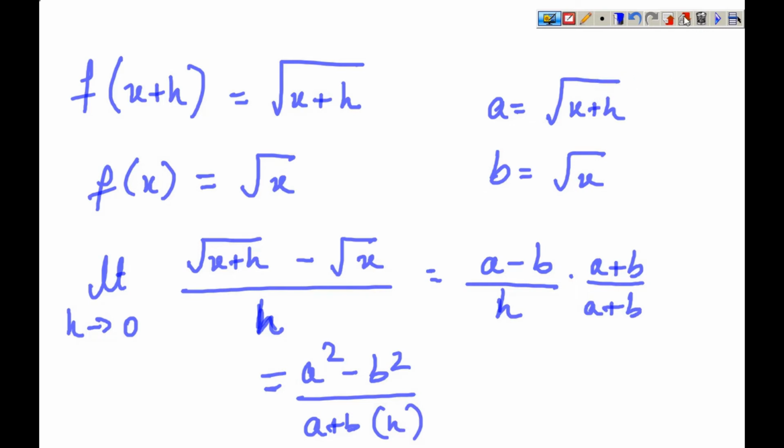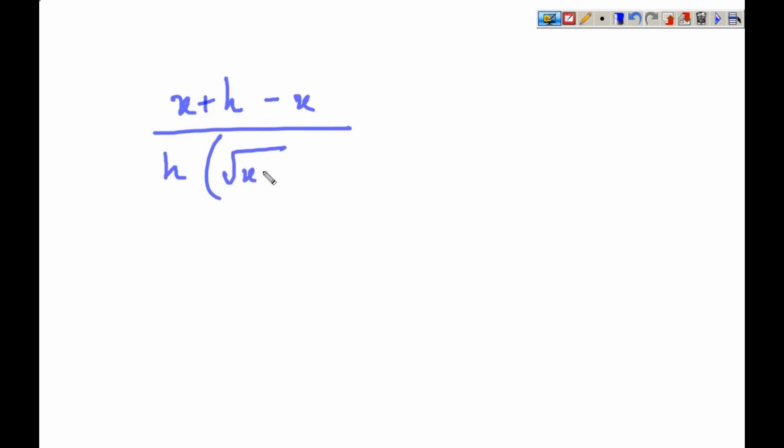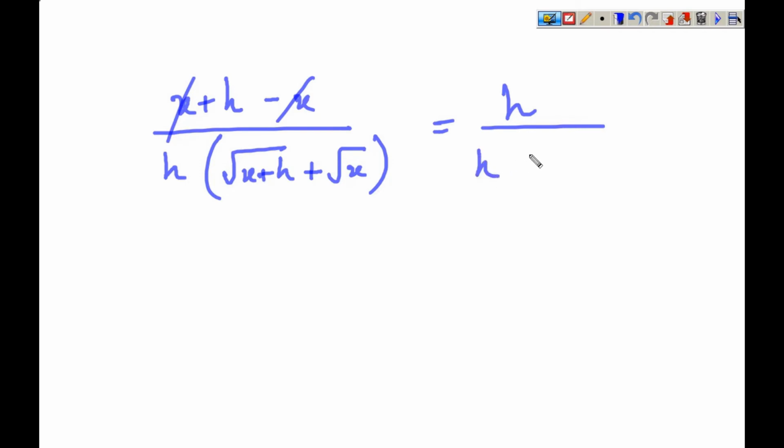A square minus b square will give me x plus h minus x by h times under root of x plus h plus under root x. This can cancel out, so we are left with h by h times a plus b, right?